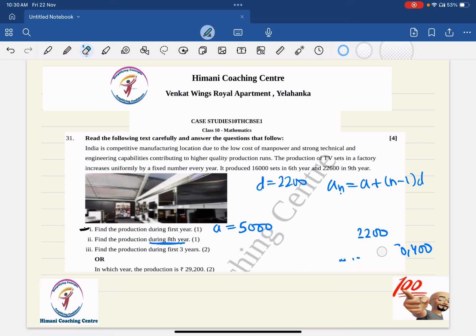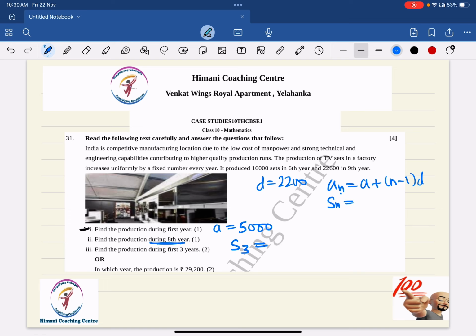Okay. Now let us look at the next question. It says find the production during the first 3 years. That means we can find the first year production, second year production, third year production and add them, or we can just say S3. What is Sn? We want to find the total number of sets produced during the first 3 years.